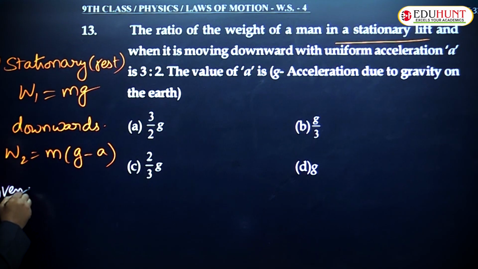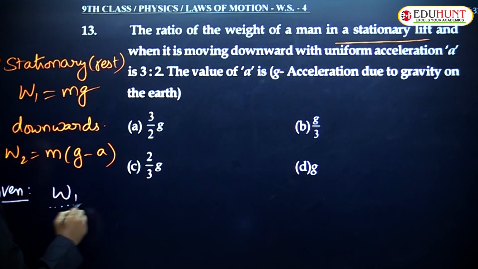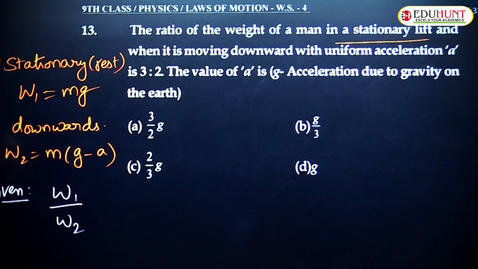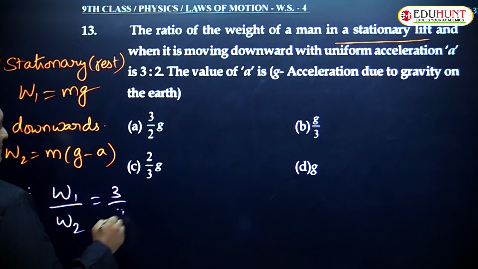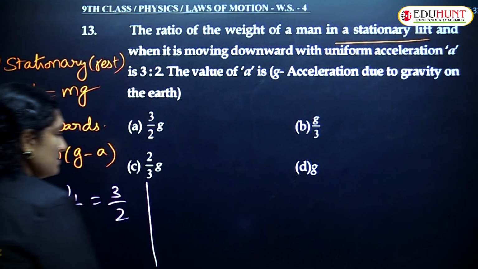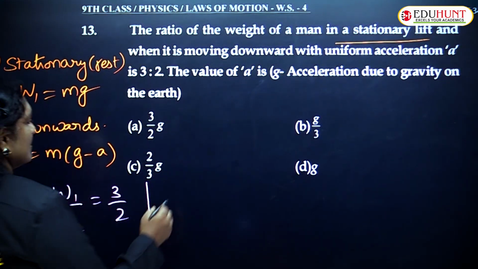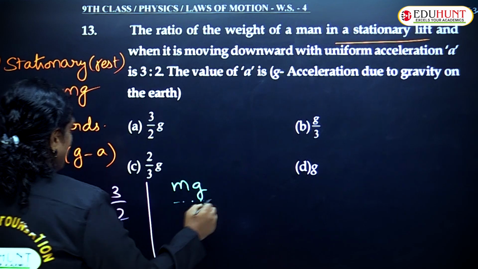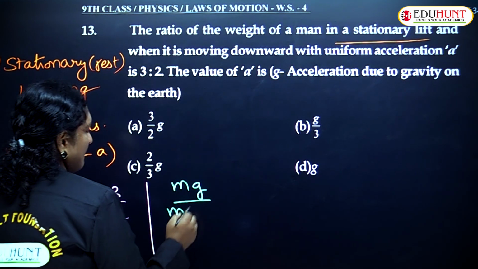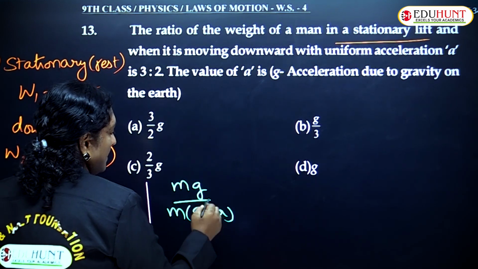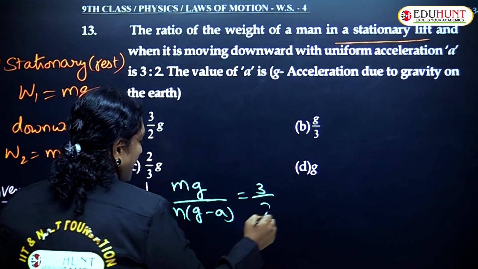The ratio of the rest condition to that of the moving downwards is given as 3 by 2. So, substituting all the values, instead of W1, I can replace it with mg, and W2 with m into g minus a, equal to 3 by 2.